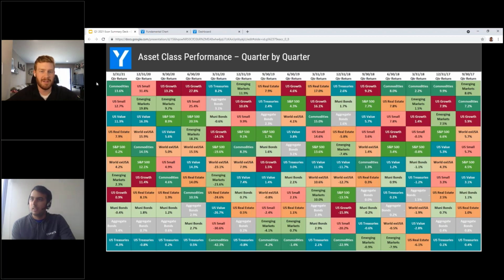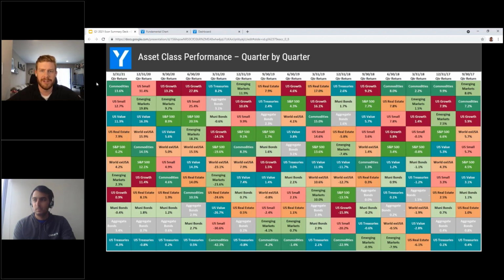And I personally think this asset quilt is a great visual to answer any questions about the value of diversification. Over the last few years, even assets like muni bonds and US Treasuries have led the market in some quarter, once again making a case for holding a lot of different assets in your portfolio.